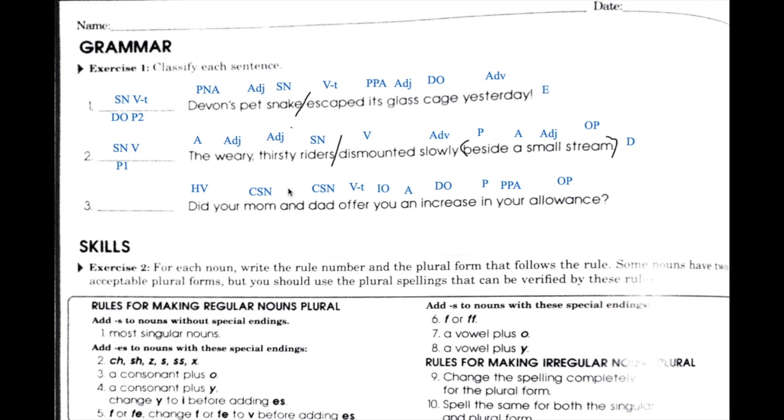The word and is always a conjunction. Your, again, it's showing possession. It's also describing. It's also a pronoun. It's a possessive pronoun adjective. In your allowance is a prepositional phrase.